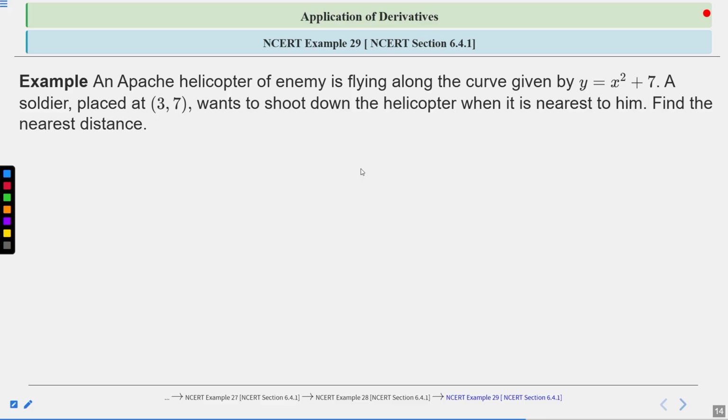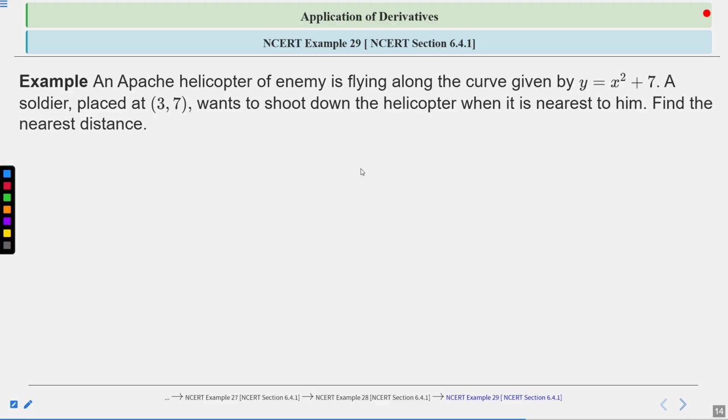So we can take a particular point which will satisfy the curve y is equal to x square plus 7, and we will try to calculate the distance of that point from (3, 7), right?